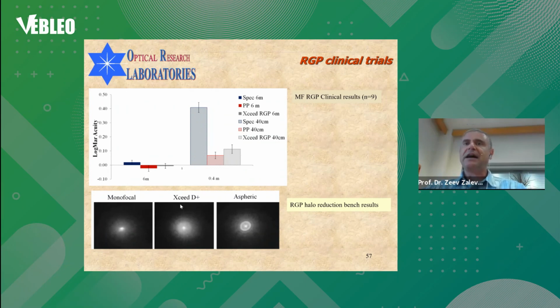You see here our lens and its halo effect, the point source that is being imaged, very similar to a monofocal lens, while for instance a spherical rigid RGP contact lens has a very strong halo effect, which doesn't allow people to see at night.